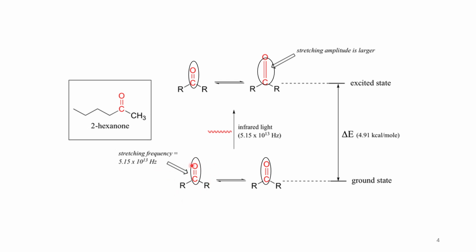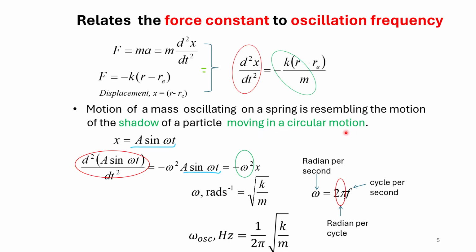The only change after excitation is the amplitude, the length of the molecule, but the vibrational frequency remains the same at the ground state and also at the excited state. For that, we have also seen the relation between the force constant and the vibrational frequency.